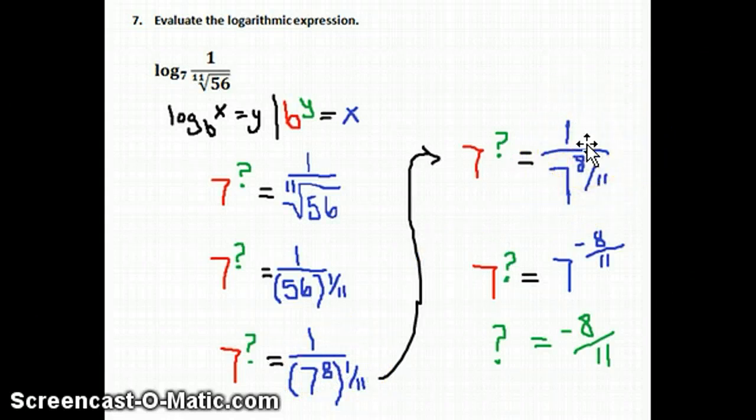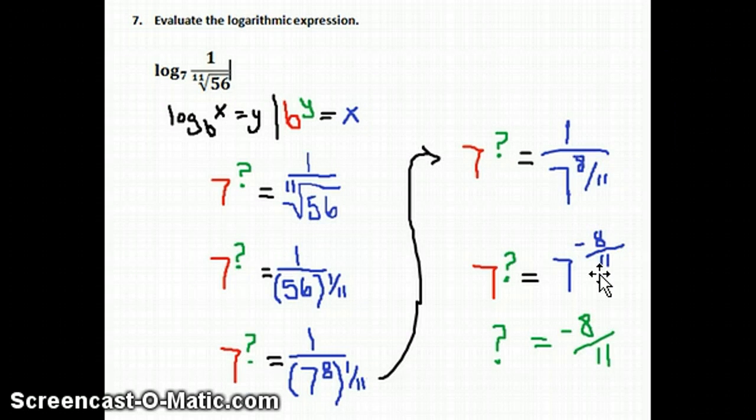And then you change the sign, so whatever the rhyme is, flip it over here, so it's 7 to the negative 8th over 11th power. So the rhyme is change the sign and cross the line, which is what we do here, and that leaves us with 7 to the what power equals 7 to the negative 8th over 11th power.